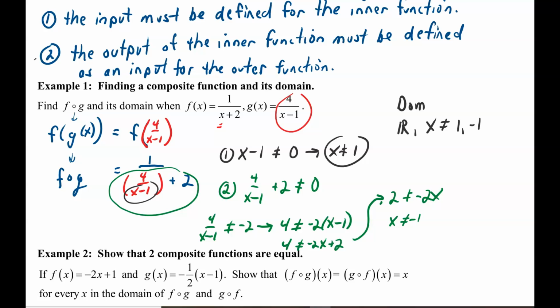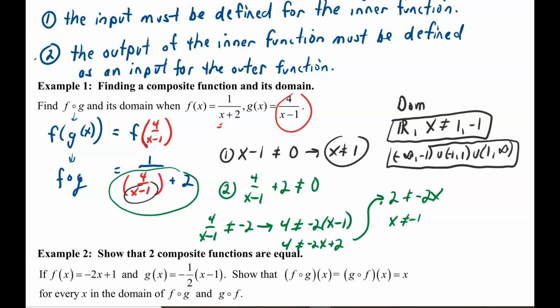So that's one way of saying it. The other way of saying it is in interval notation from -infinity to -1, unioned with -1 to 1, and then unioned with 1 to infinity. That's just an alternative way of saying the exact same thing.